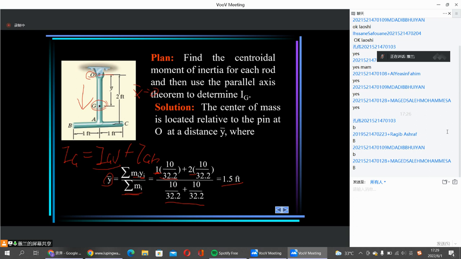For Ig vertical, sure, you can calculate it using integration. But actually here we can use the parallel axis theorem for mass moment of inertia, right? We know for each rod the mass moment of inertia about its own mass center is given, right?